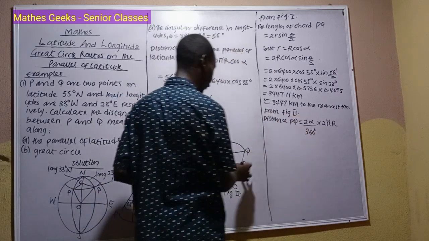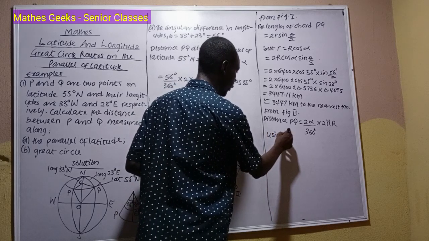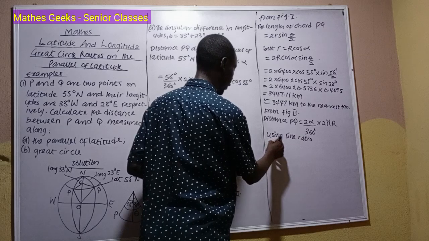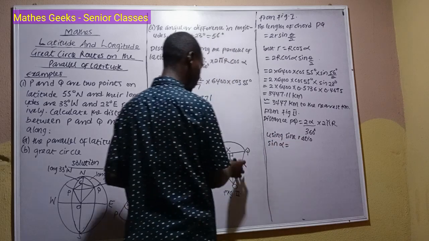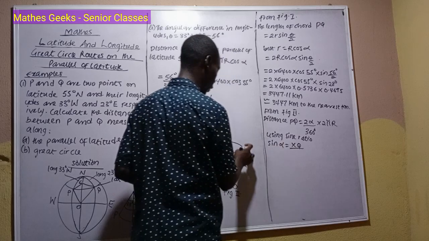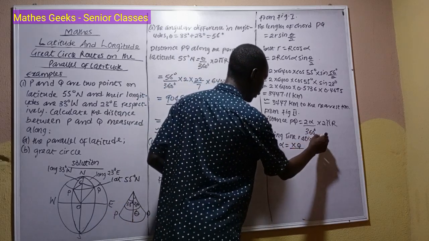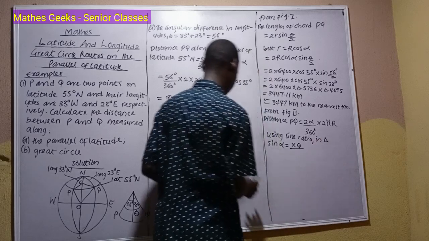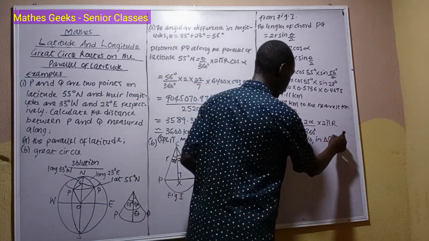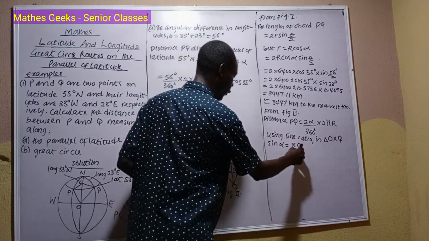But we need to get alpha. To get alpha, we're going to use the sine ratio. Sine alpha is equal to opposite over hypotenuse. In triangle OXQ, sine alpha is equal to XQ over r.